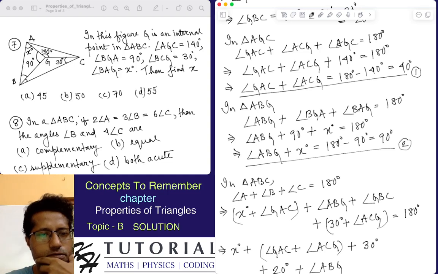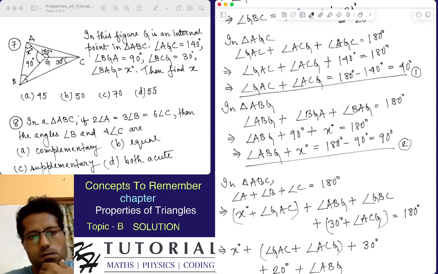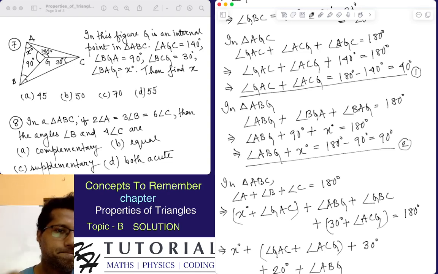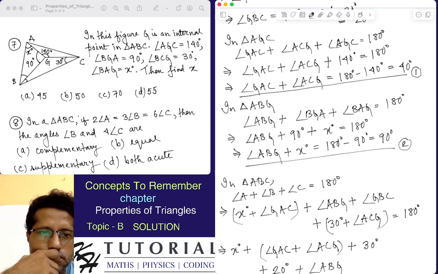Then find x. BAG is x. This plus this, angle GAC plus angle GCA, has to be 40 degrees. This is 70.